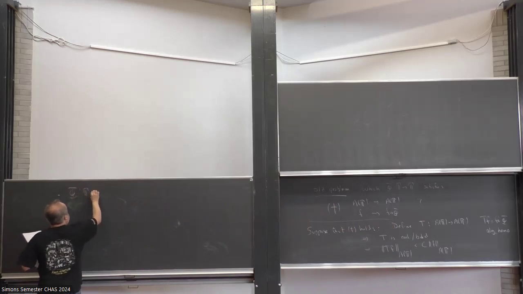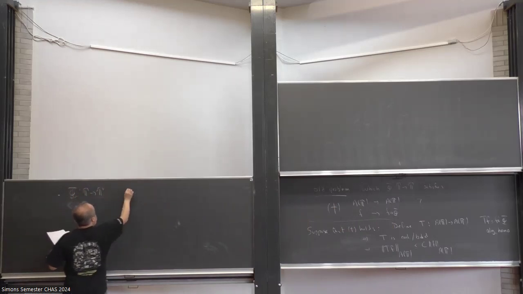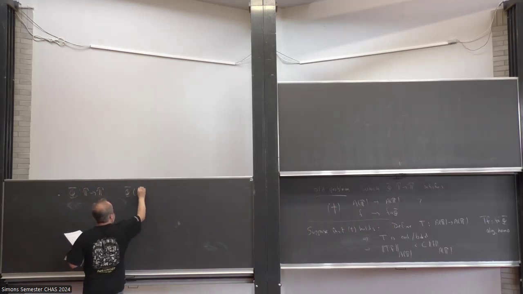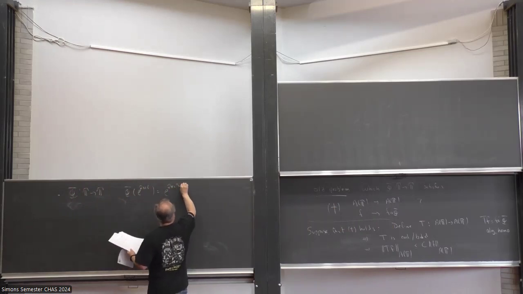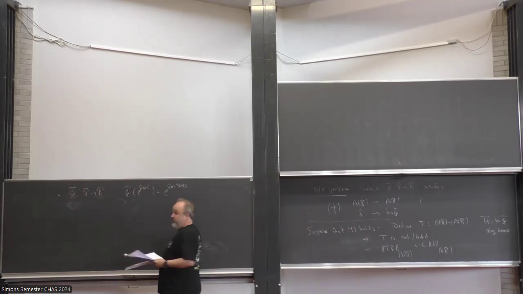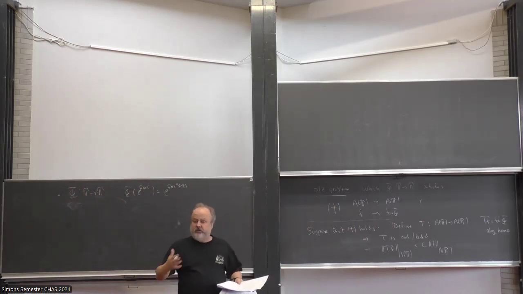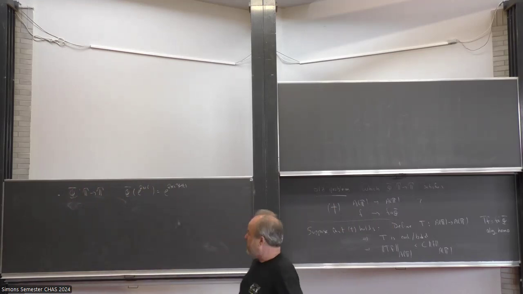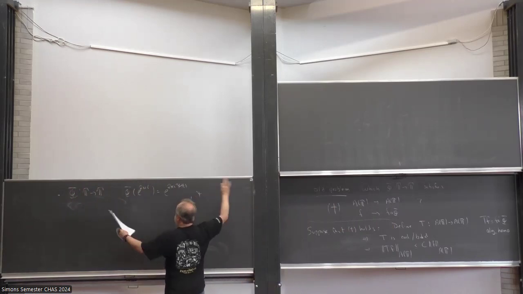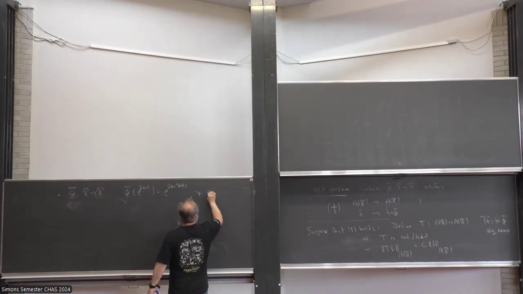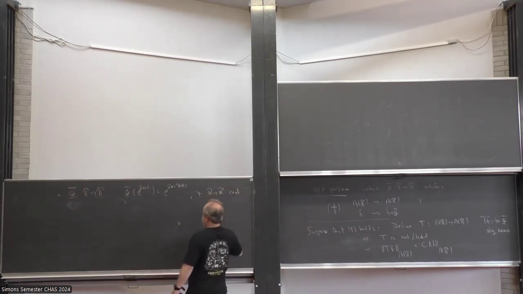If I take a point e to the 2 pi i t on the circle, it gets mapped to a point on the circle, e to the 2 pi i of some other real number. This induces a mapping from the reals to the reals, and because of continuity, without loss of generality I can assume that this map psi is continuous.